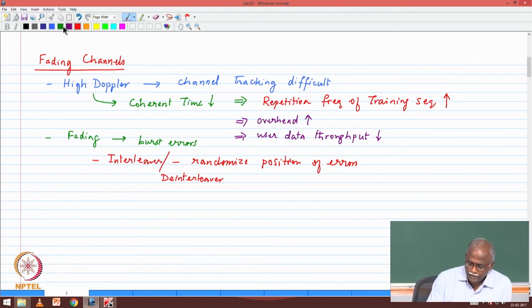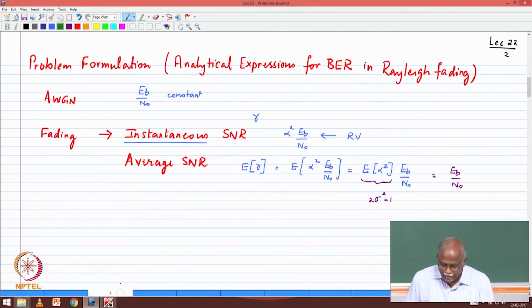The other point that we discussed in the last class is the notion of the fading SNR. Basically, in AWGN, SNR is a constant, Eb/N0. When we talk about fading, it becomes alpha squared Eb/N0, where alpha is a random variable. Alpha has a Rayleigh distribution.